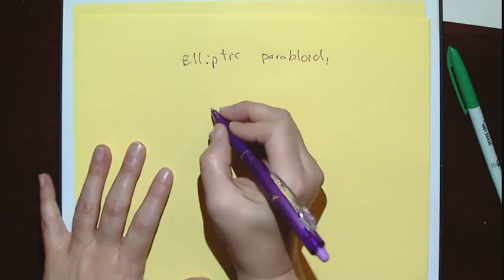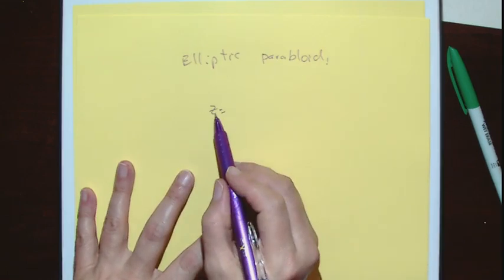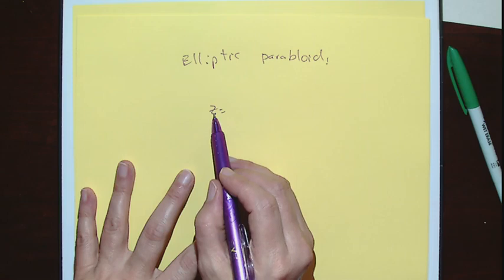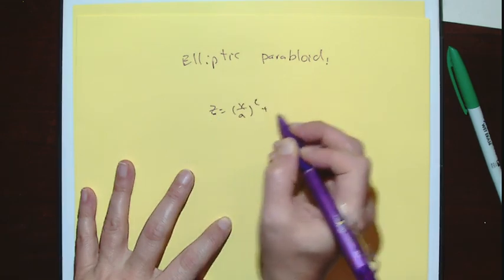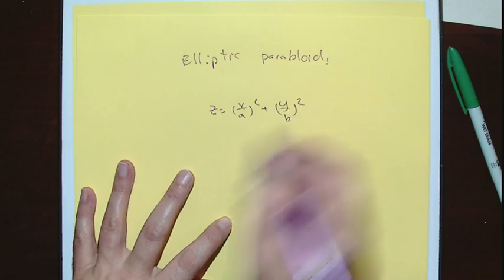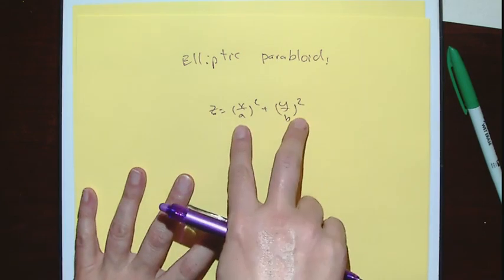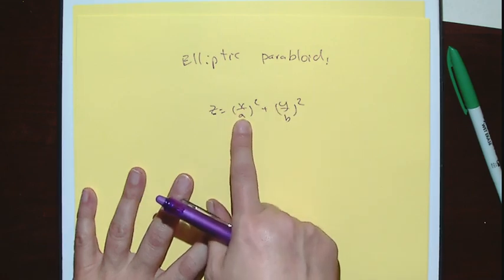So it looks like z equal to, or one of the variables of degree 1. Do you see z of degree 1 only? Then you have x over a to power 2 plus y over b to power 2. The ones to power 2, are they both the same sign?